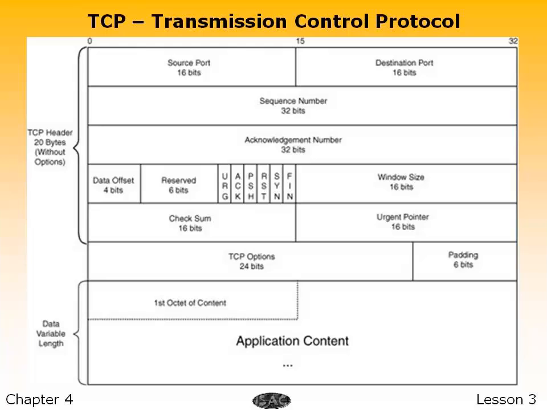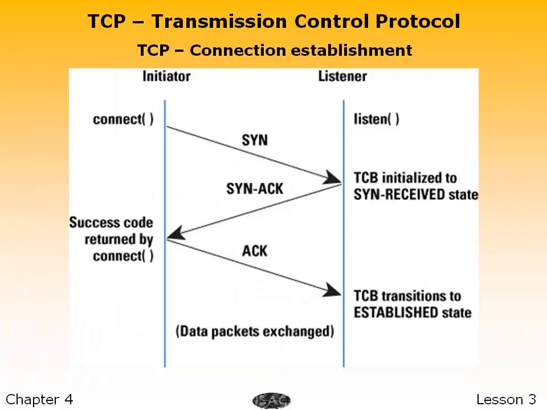TCP is optimized for accurate delivery rather than timely delivery, and therefore TCP sometimes incurs relatively long delays while waiting for out-of-order messages or retransmissions of lost messages.